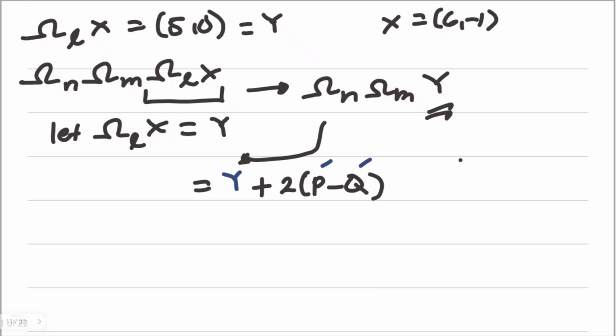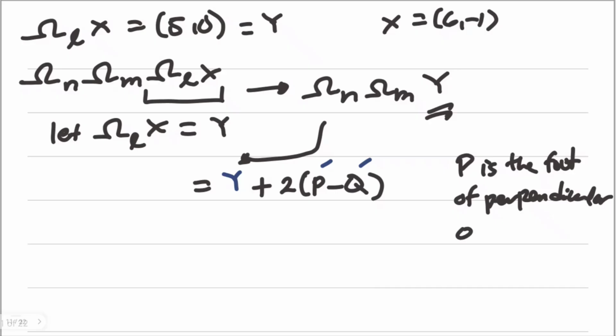Our p is actually the foot of perpendicular on which line?